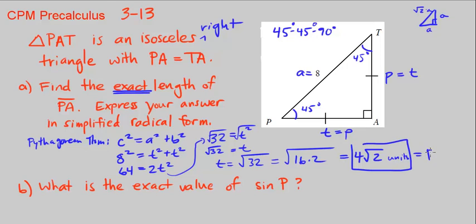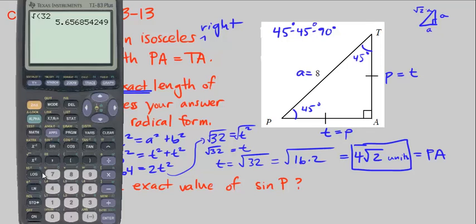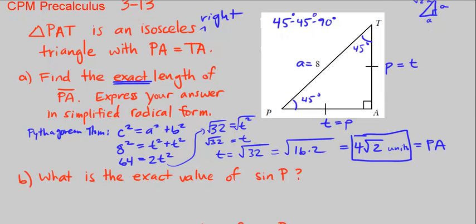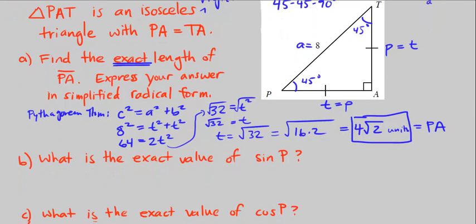And that's PA. And that's exact, right? If we went in our calculator and checked, 4 times the square root of 2 is going to equal the same thing, but that's going to be the approximate answer rounded in our calculator. Here we have exact.